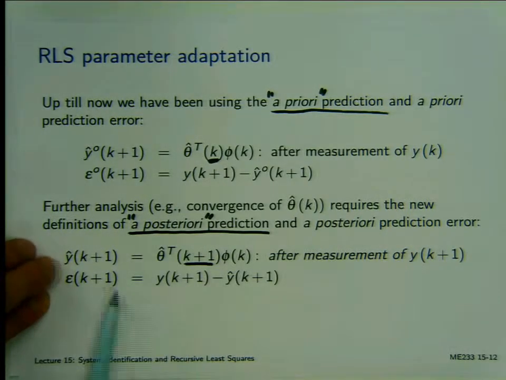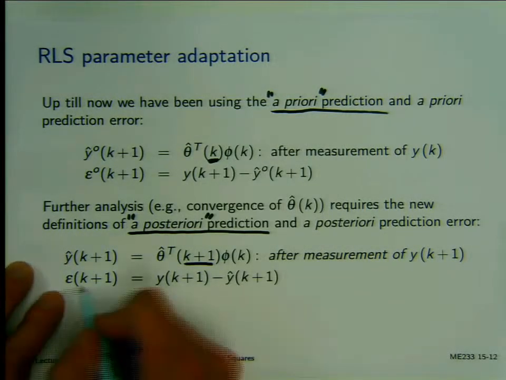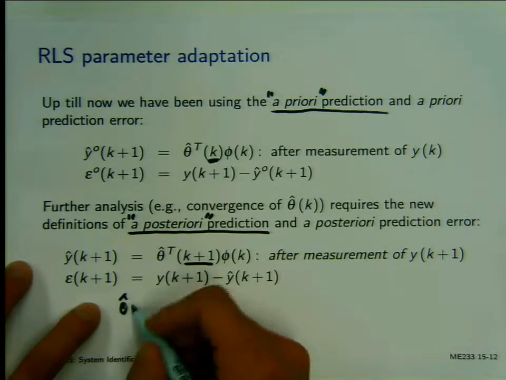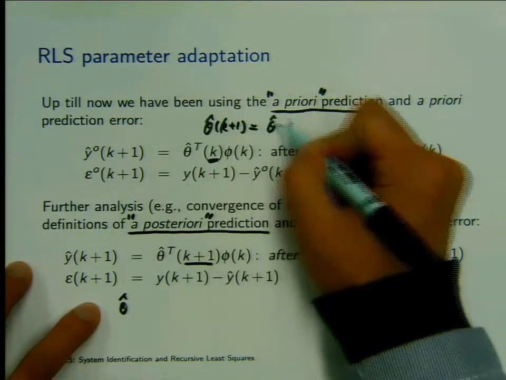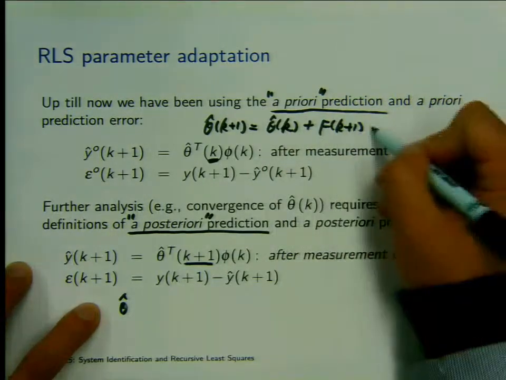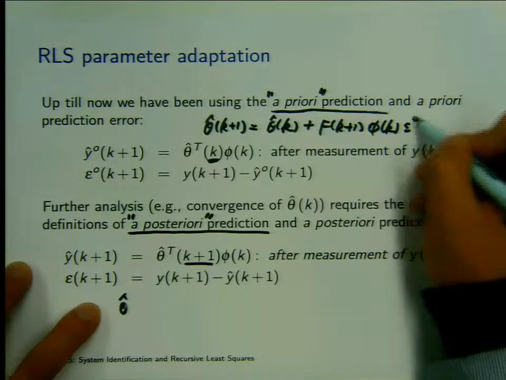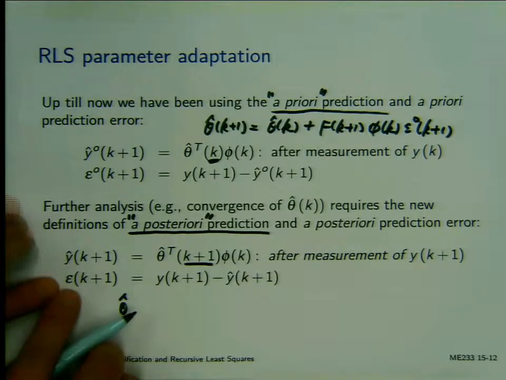Now, if this is the better prediction, why don't we use this in the estimation? When we write down the PAA, it looks like this: plus fk plus 1, phi k, epsilon 0, k plus 1. If this is the better prediction, why don't we use epsilon?